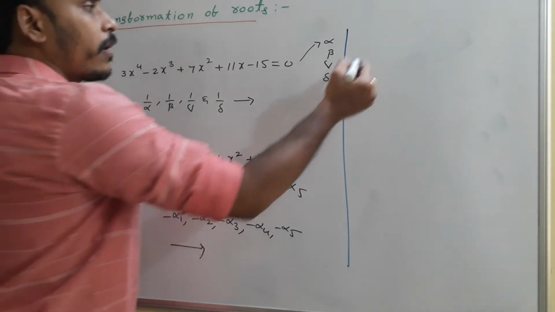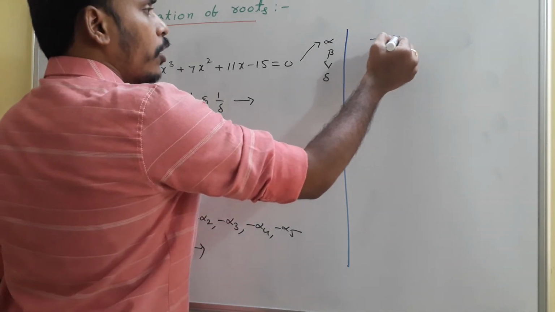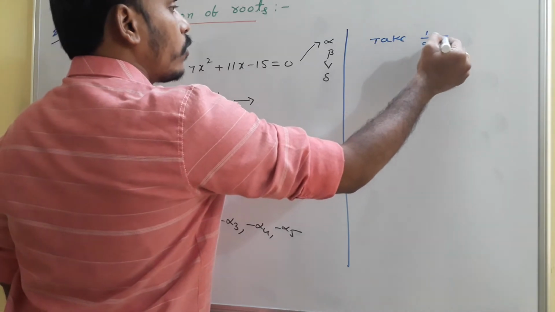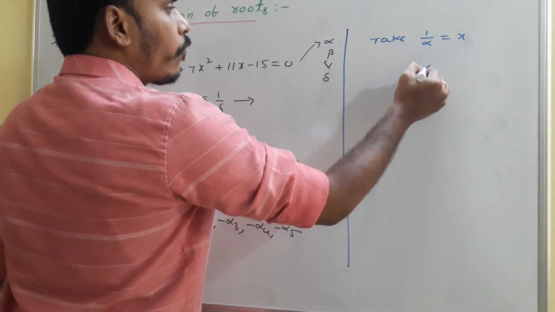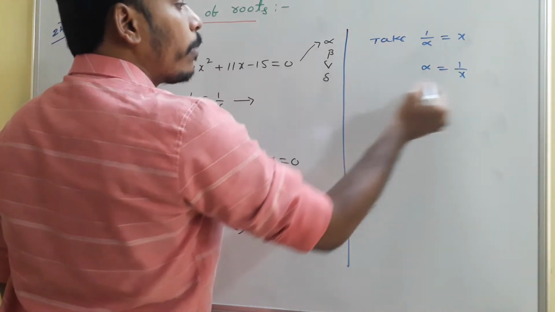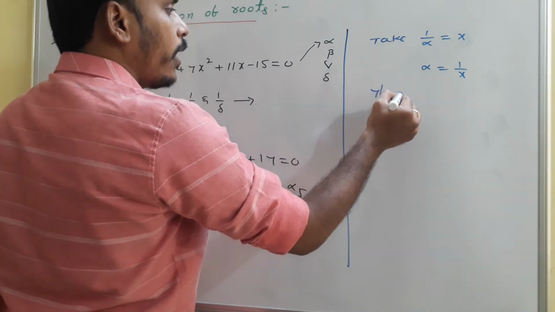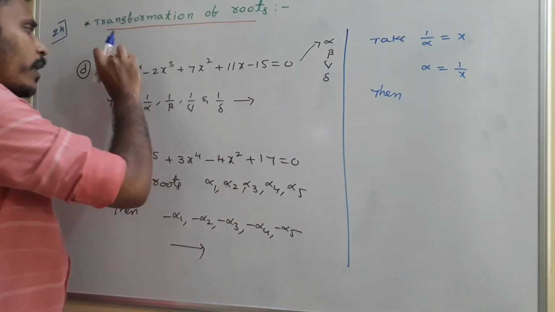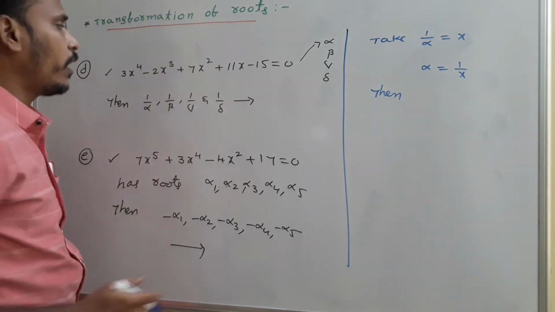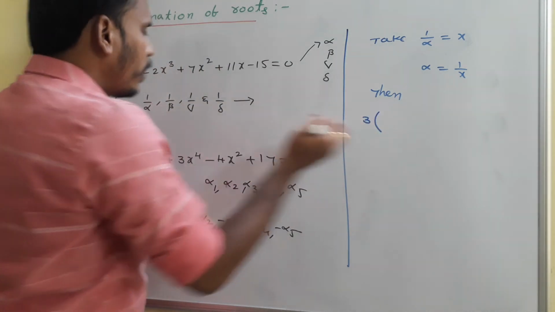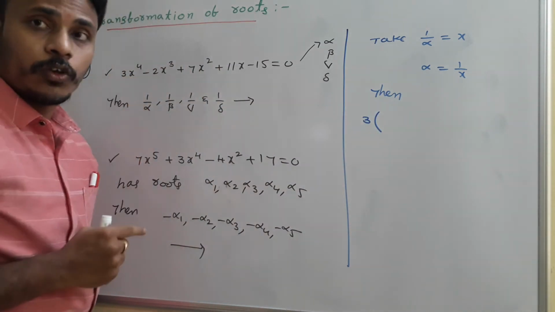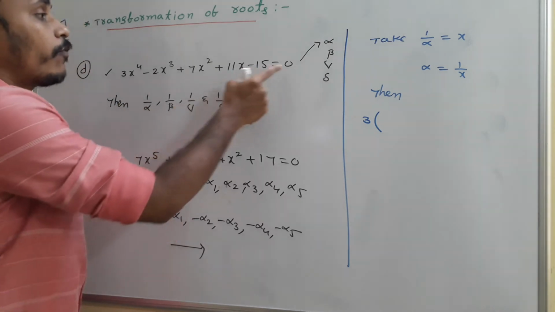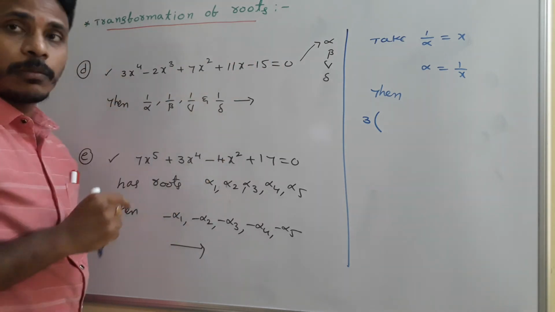Since all these are symmetrical, you just take 1 by alpha is equal to x. Since 1 by alpha is equal to x, alpha is simply 1 by x. Since alpha is 1 by x, you just replace x with 1 by x in the given equation. Because this x is simply nothing but alpha in our view. In our view, alpha is satisfying it, x is simply nothing but alpha.